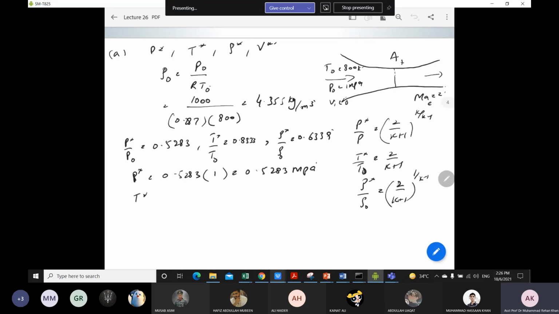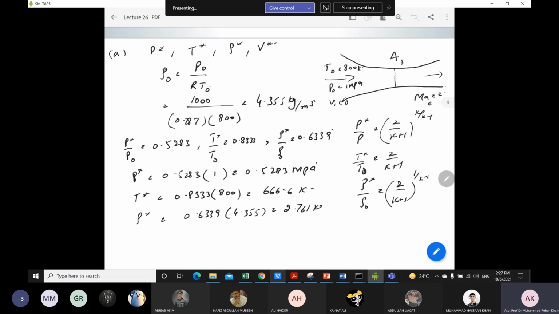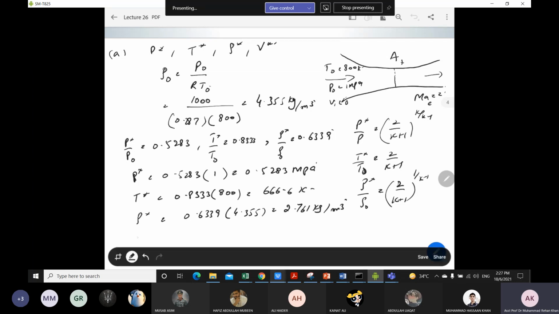Similarly T star is equal to 0.8333 multiplied by T naught, which is 800 Kelvin, giving 666.6 Kelvin. And rho star value is 0.6339 multiplied by the stagnation density 4.355, which gives 2.761 kg per meter cube. So rho star value is now known to us.